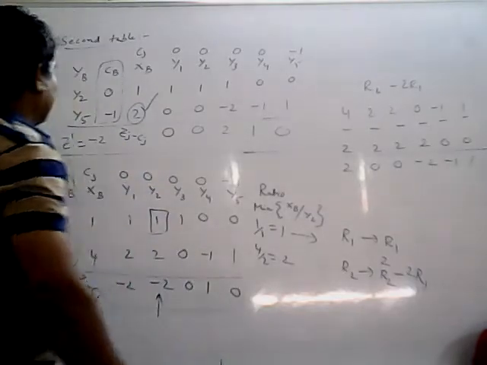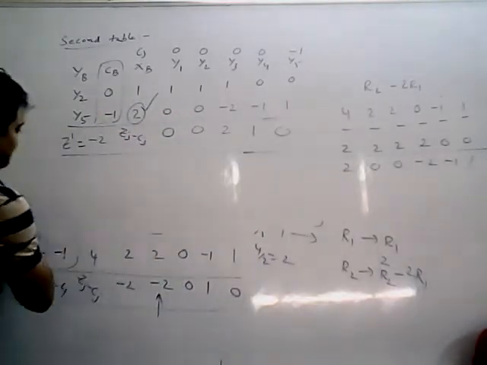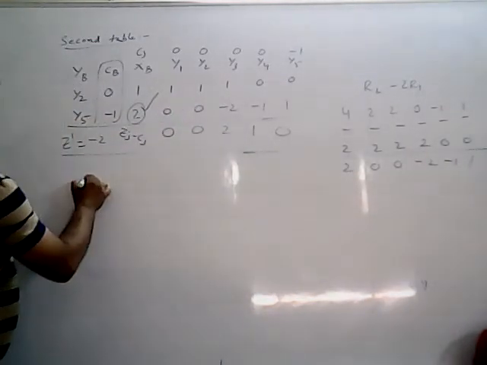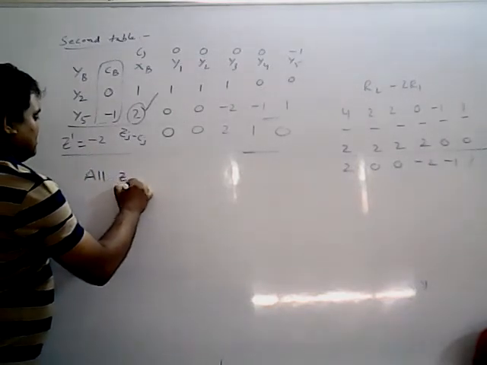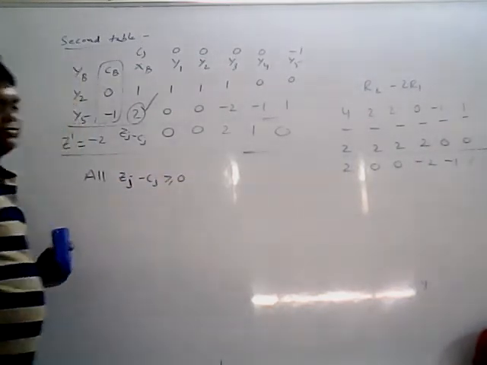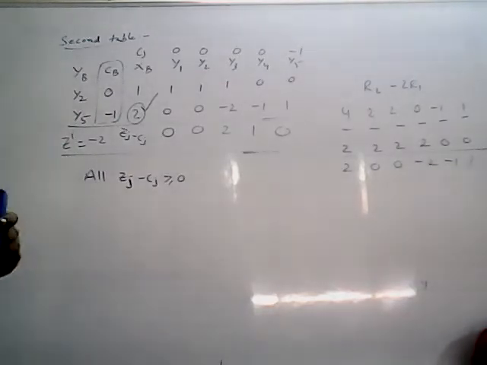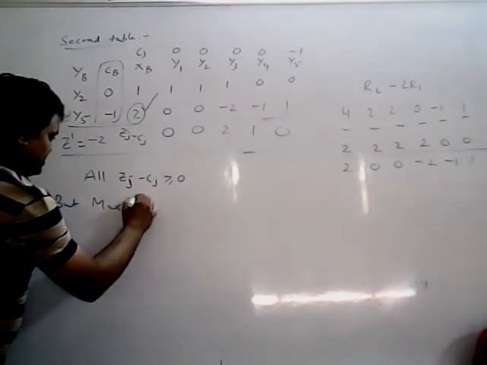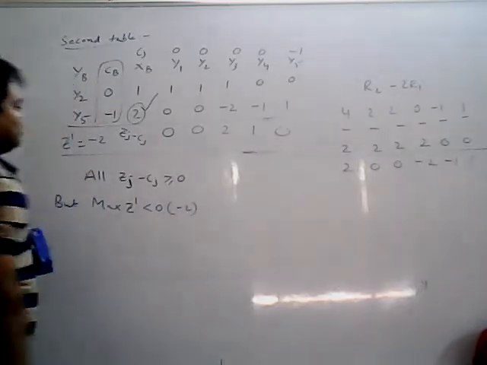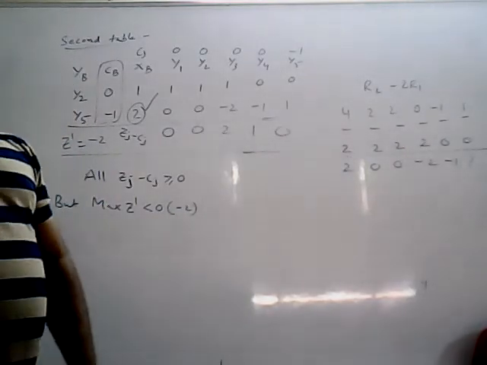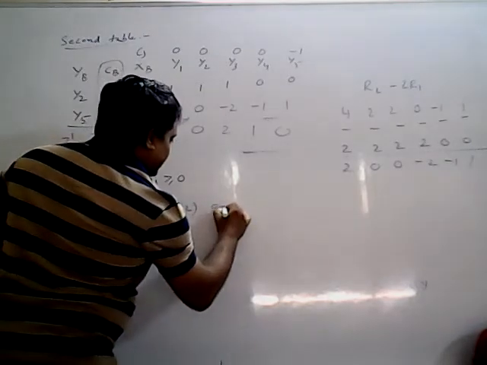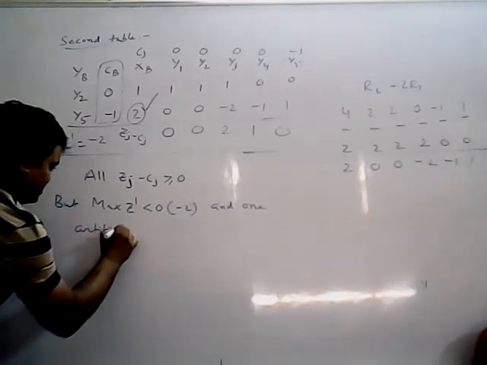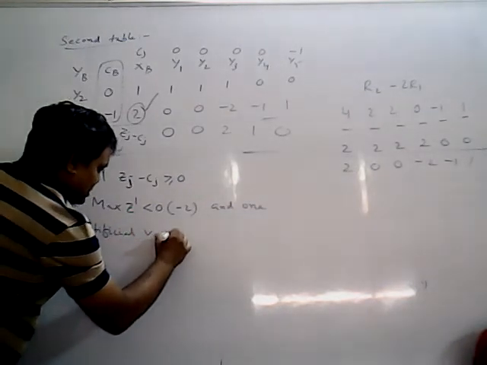After this you can write down all zj minus cj greater than or equal to 0. But max z dash less than 0, within brackets minus 2, and one artificial variable.